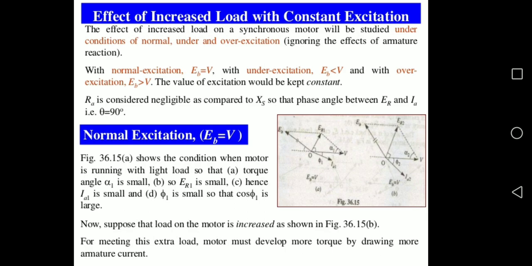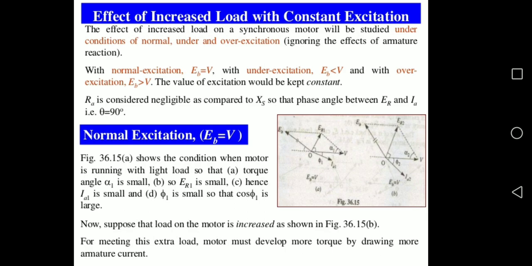Under normal excitation condition, Eb will be equal to V. The back EMF and supply voltage are equal and in opposite direction, and armature current is nearly equal to 0.